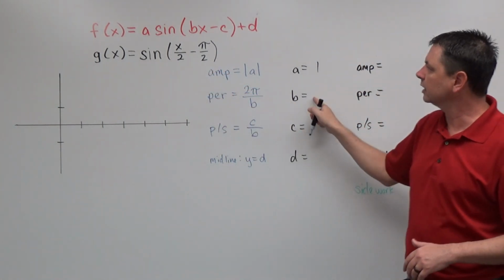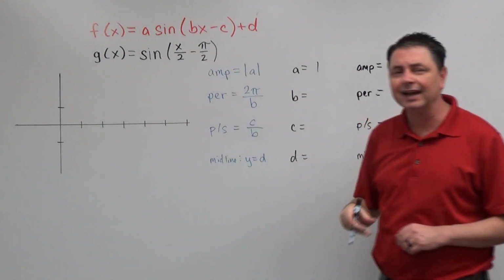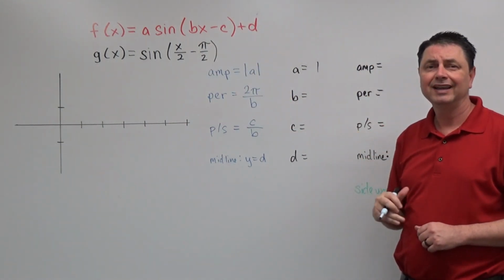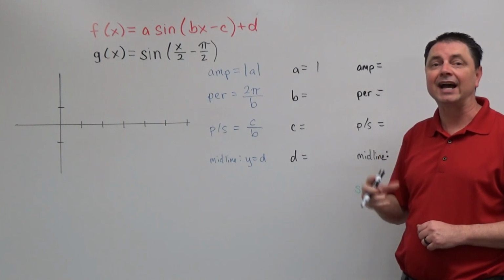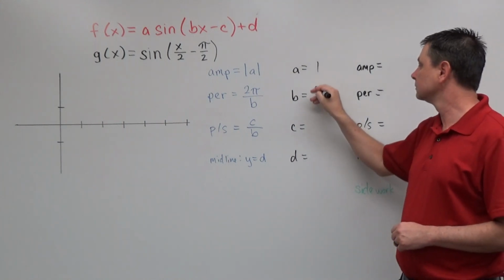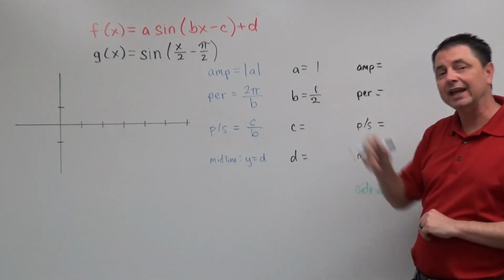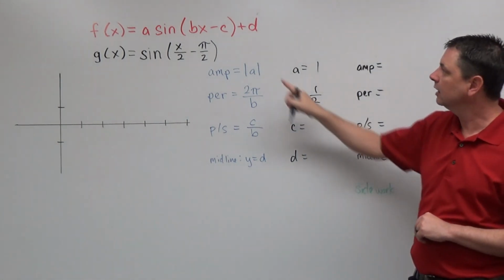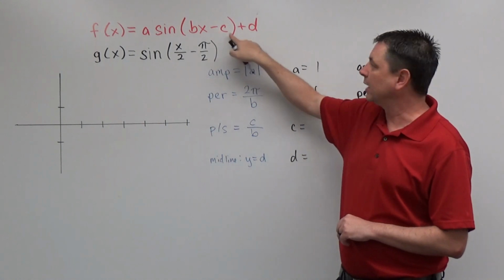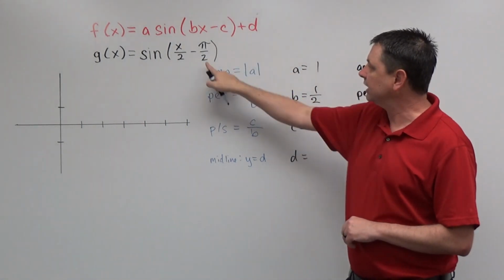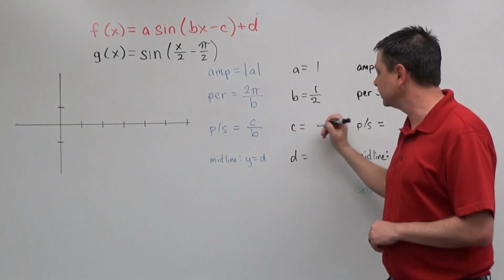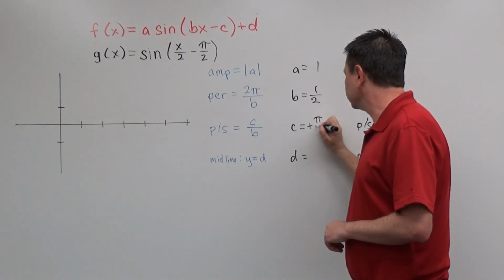It's basically B is what's being multiplied by x. X over 2 is the same thing as 1/2 times x. So B is 1 over 2. This time we have parentheses, so we have a c. You have to look here. The form is minus c, so our c is the pi over 2, and it is positive.